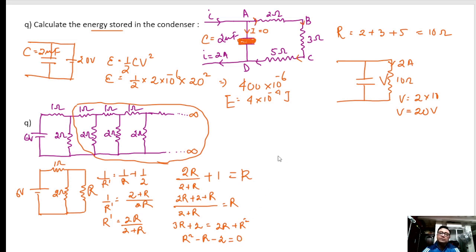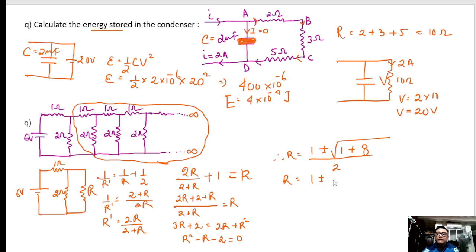That means if I calculate the value of R using Sridharacharya formula, R will be 1 plus minus root over 1 square plus 4AC, which is 8, by 2A, which is 2.